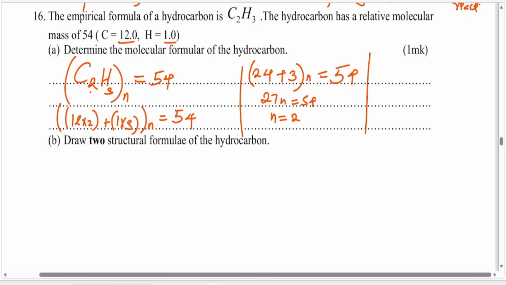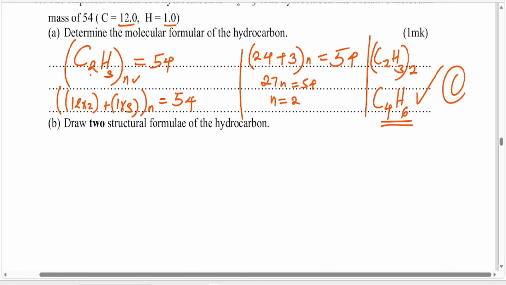So if n equals 2, then the molecular formula of the hydrocarbon is (C2H3) into n, where n is 2. So our molecular formula will be C4H6. So we have already determined the formula, and that is 1 mark.